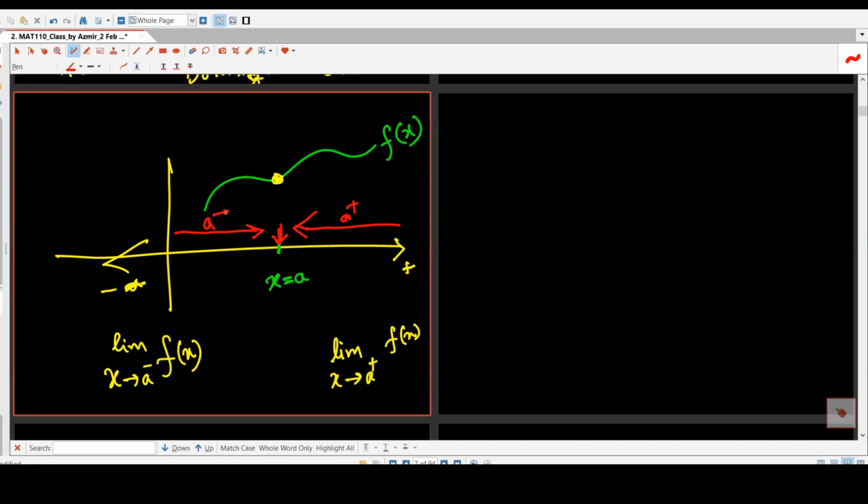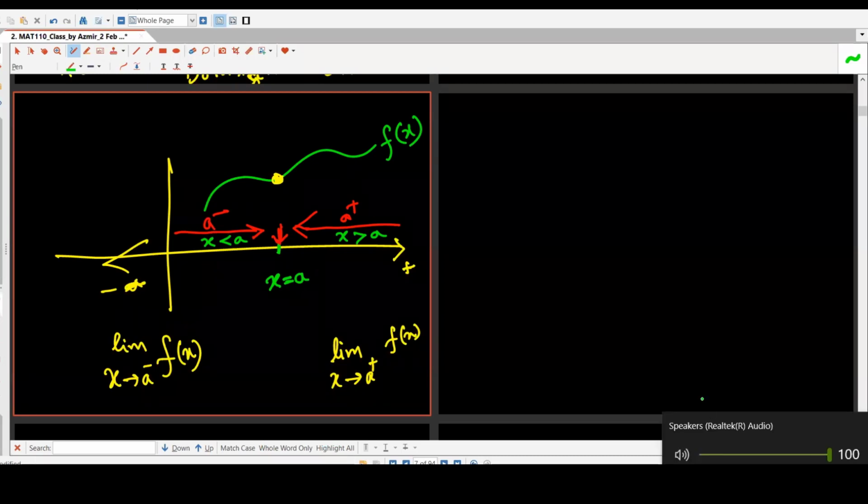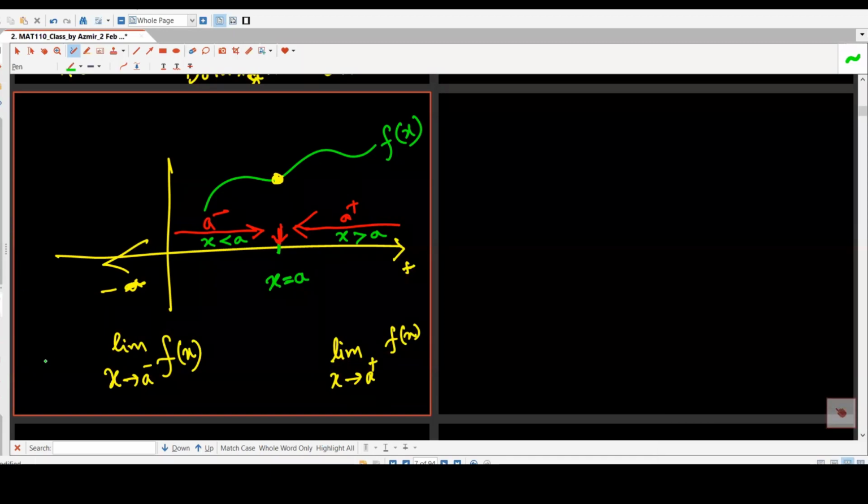This side is x greater than a, and this is the left side, which means x less than a. So x greater than a means a plus, x less than a denotes a minus. We have to evaluate both-sided limits, both left side, that is left-hand limit, and right-hand limit.